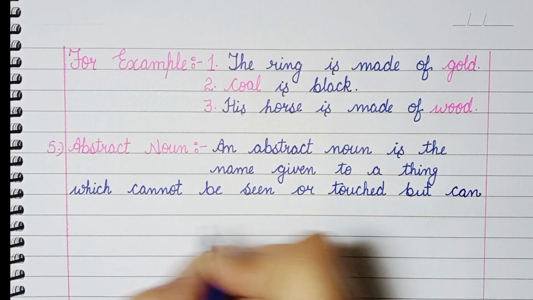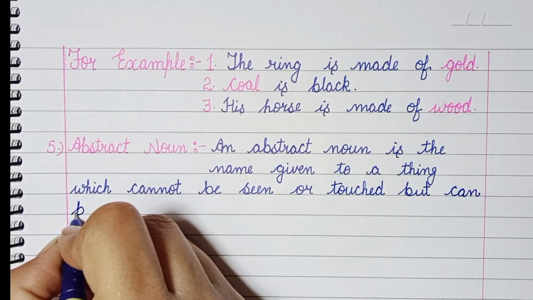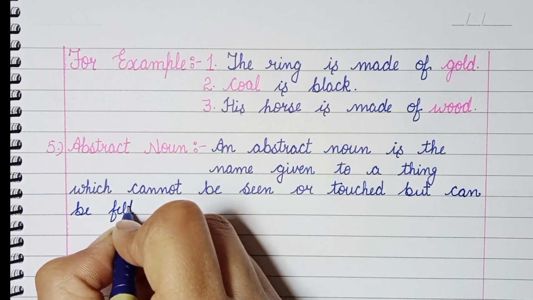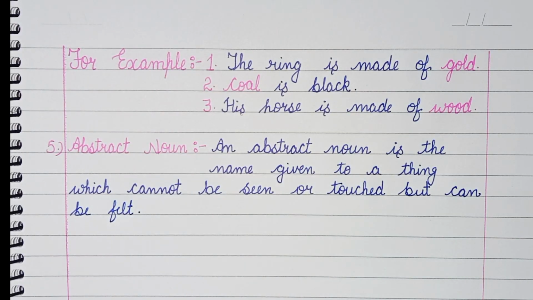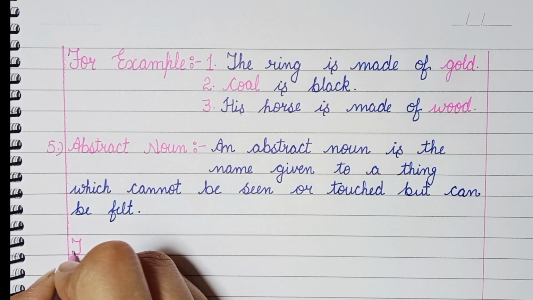Fifth one is an abstract noun. An abstract noun is the name given to a thing which cannot be seen or touched but can be felt.